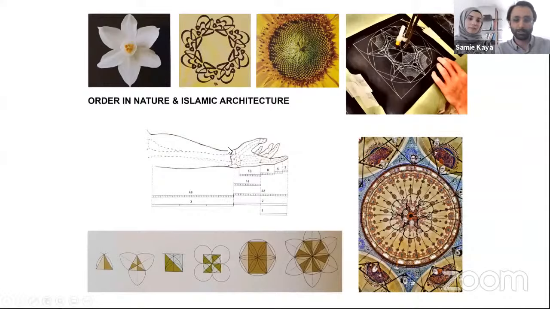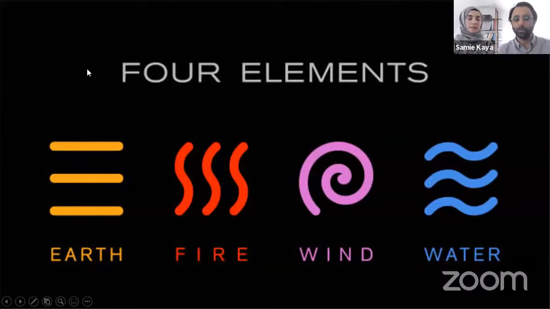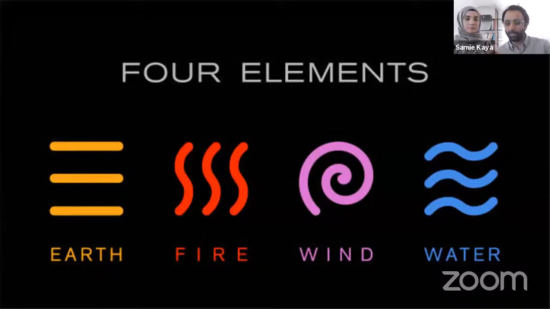Right. Now how do I do this? So we will look today at the 4 elements and how the Islamic thought took these 4 elements into Islamic architecture. Does anybody know what the 4 elements are?